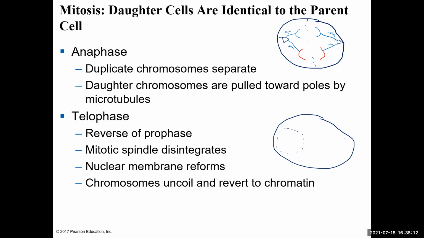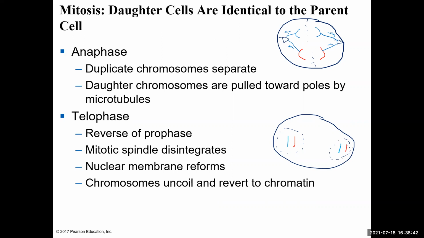You have the nuclear envelope starting to form around the chromosomes. Right, so a red, right, went to each pole, so there would be a red in each one, and then a blue also went to each pole, so there's a blue in each one. Okay, and so the nuclear envelope will begin to form back.